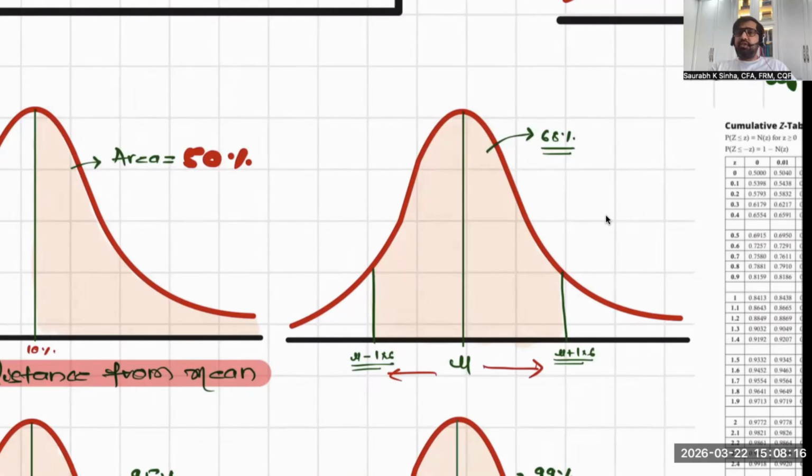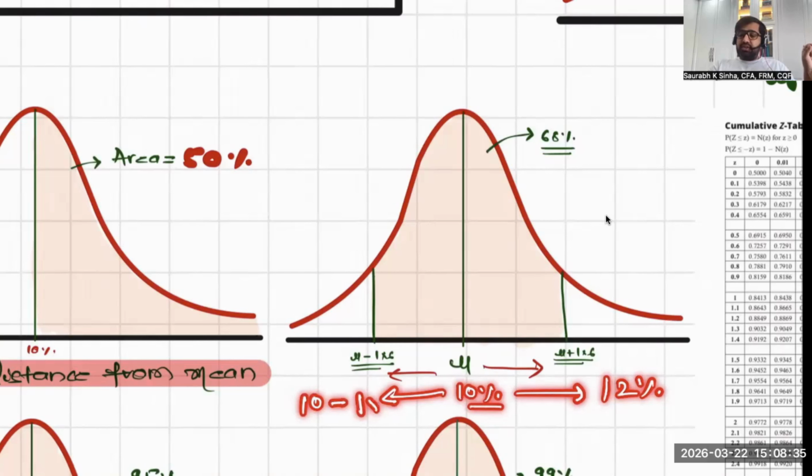How many standard deviations have you moved from the mean? One. So if the mean is 10% and the standard deviation given in the question is 2%, moving right is 10% plus 2%, that is 12%. Moving left, 10% minus 2%, that is 8%.